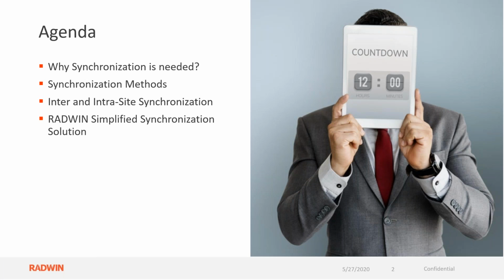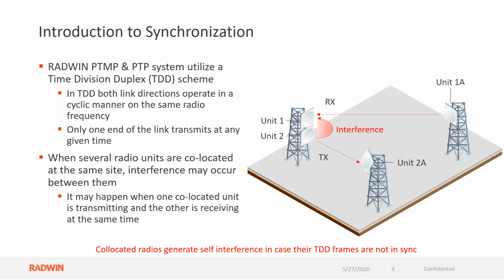So let's start. Why is synchronization needed? Synchronization methods, inter and intra synchronization, site synchronization, and RADWIN's simplified synchronization solution. When we are deploying a point-to-point or point-to-multipoint site, RADWIN utilizes time division duplex, TDD.